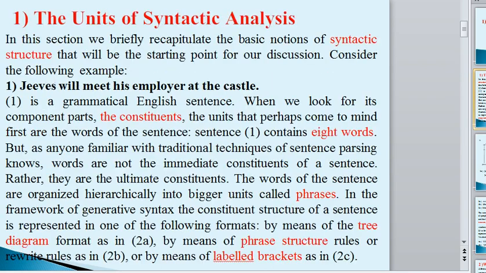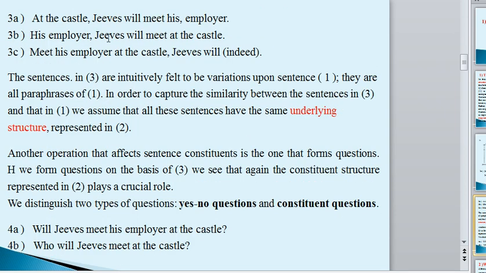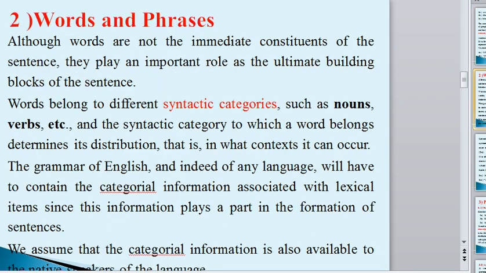This is the underlying sentence, the basic sentence: Jeeves will meet his employer at the castle, and these three and these two again are paraphrases or variations of that example number 1.